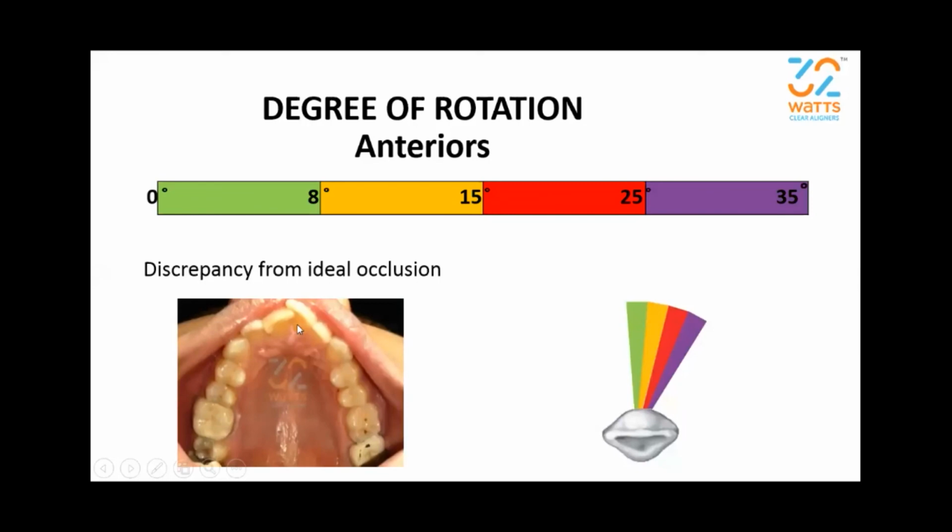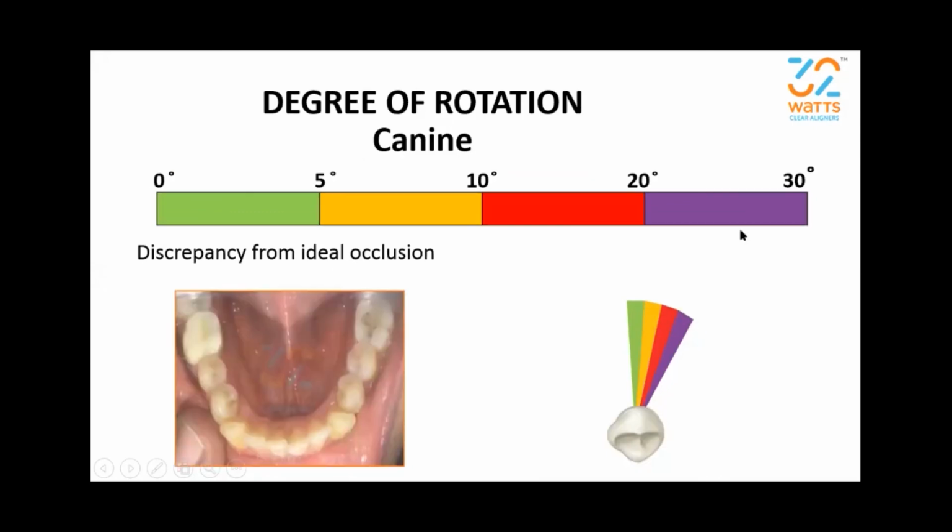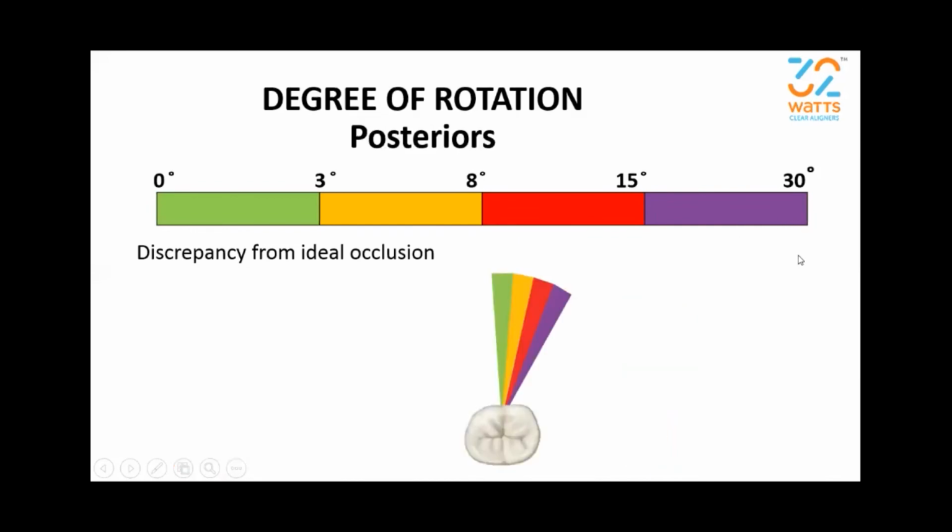Here you can see this central incisor is rotated approximately by 25 to 30 degrees, so this will fall under the advanced category. The canines can be corrected up to 30 degrees, and the posteriors are difficult to be corrected as far as the rotations are concerned. So if the rotations are there in the premolars and the molars, they can be corrected up to 20 degrees.